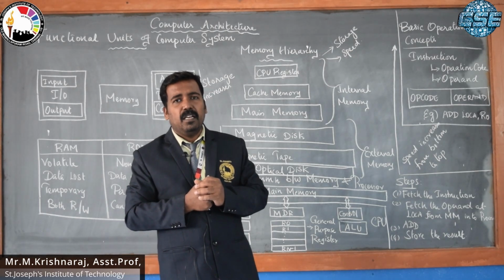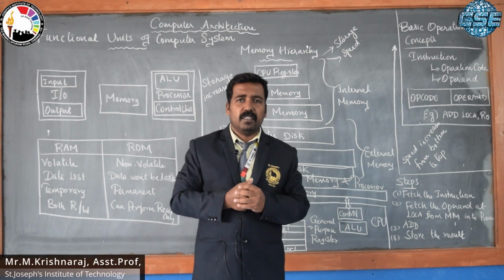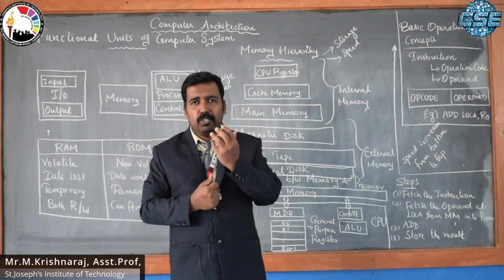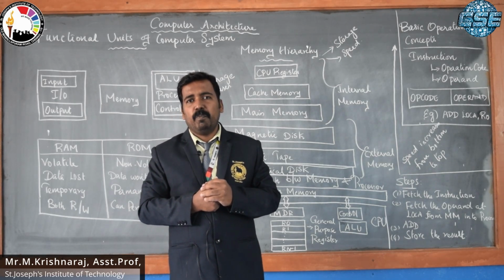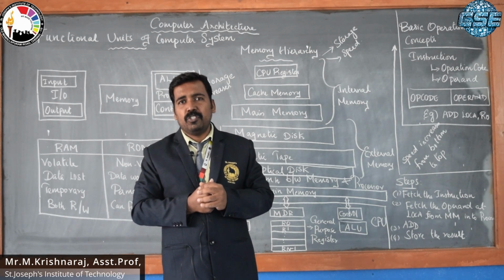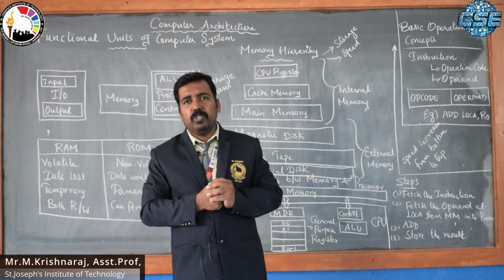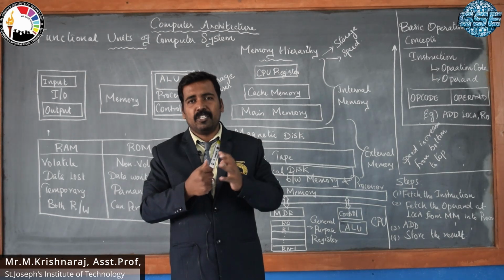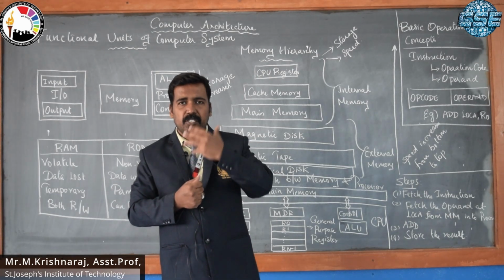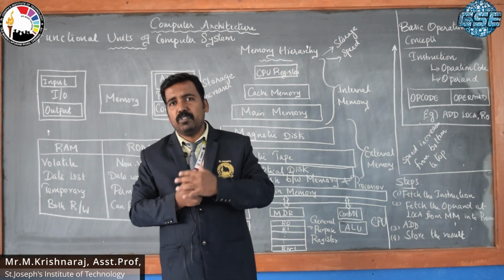For example, if you want to perform an addition operation, you need to call the addition function followed by the values you want to add. That is the instruction we need to give to the CPU.